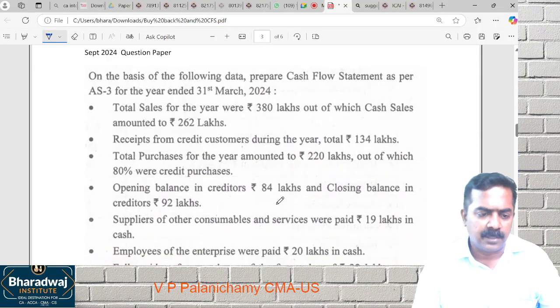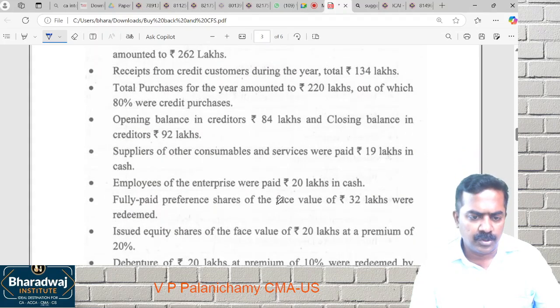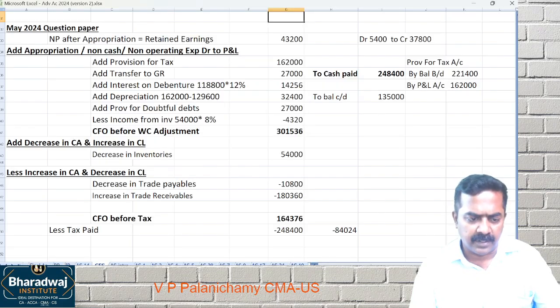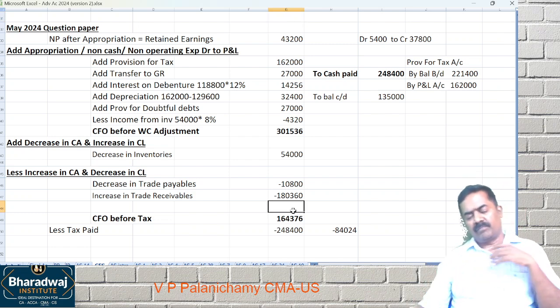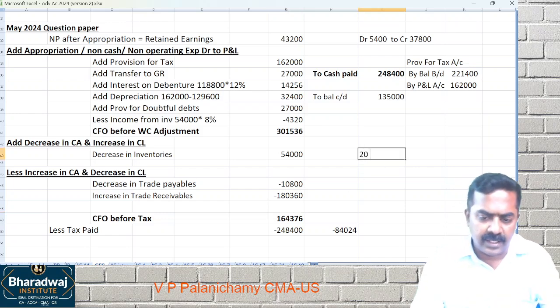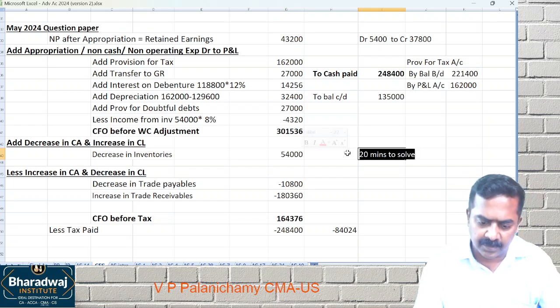September 2024 question paper. This also, what do they ask you? Prepare which one? They have asked for the full cash flow statement. Try it. You can take 20 minutes of time. Solve. You are going to solve it completely.